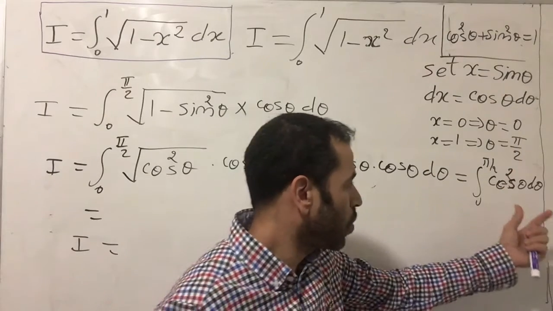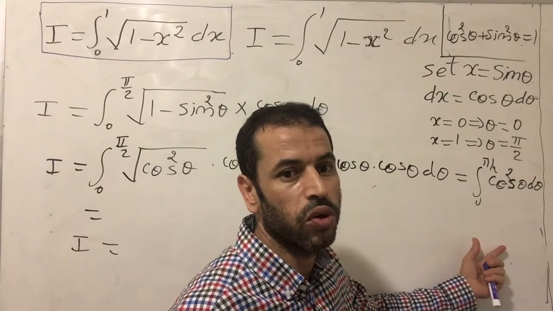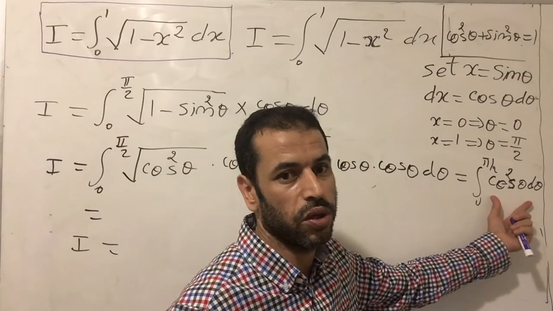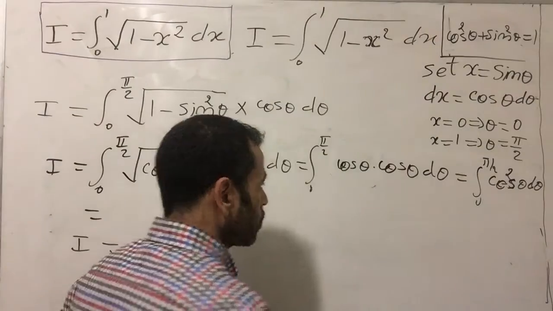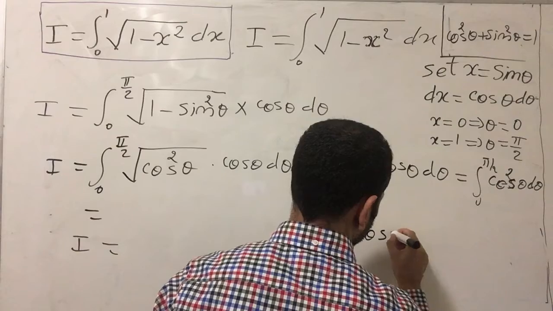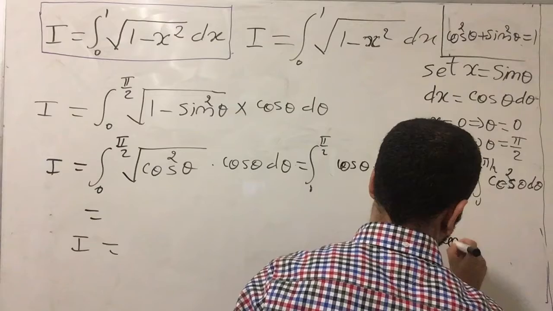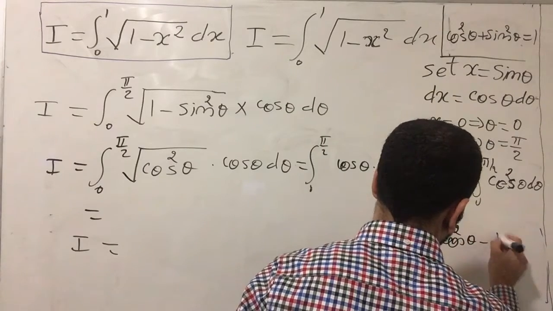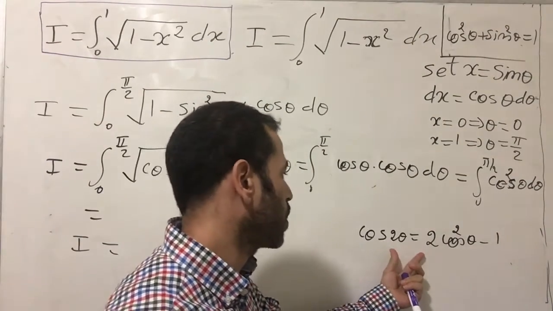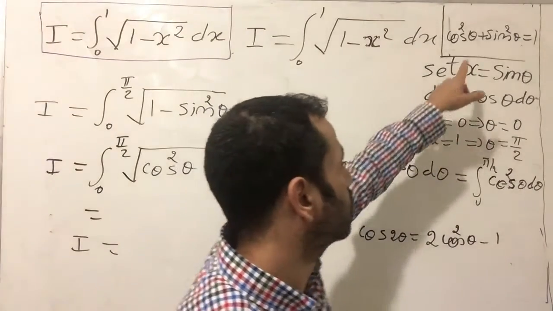Now I'm going to transform this cosine squared theta into the form of cosine 2 theta, because we cannot integrate while having the square here. We know cosine 2 theta equals 2 cosine squared theta minus 1, because cosine 2 theta is cosine squared theta minus sine squared theta, and we apply the Pythagorean formula.